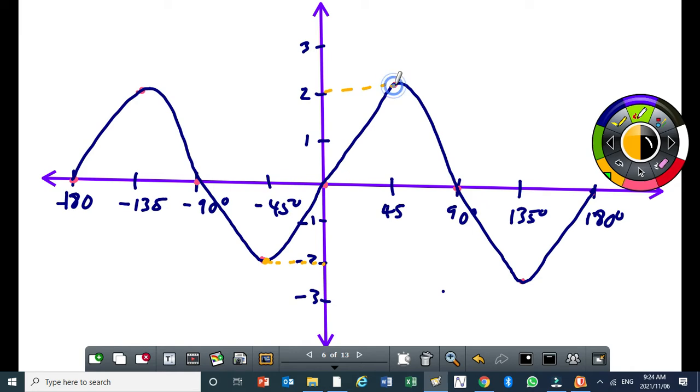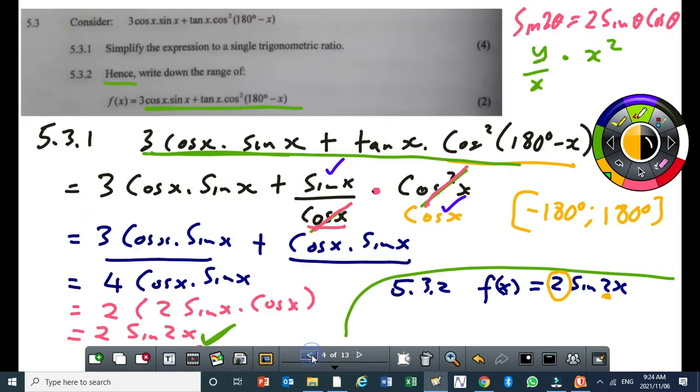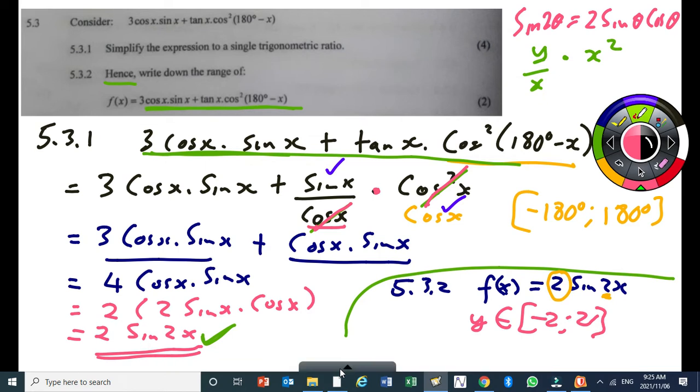So your answer here was supposed to be y is an element, you start from negative 2 to 2. This was very easy. You can also write this answer as minus 2 is less than or equal to y, you must put an equal sign, is less than or equal to positive 2. You can also write it like that.